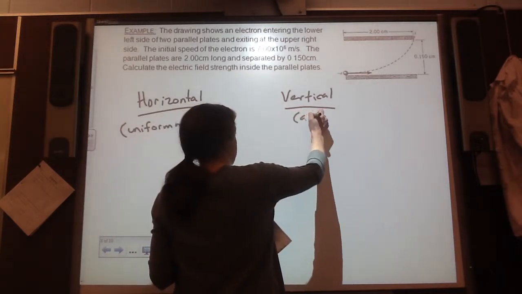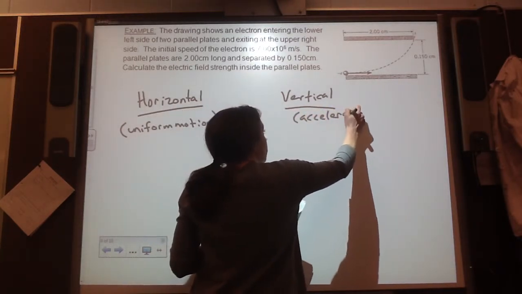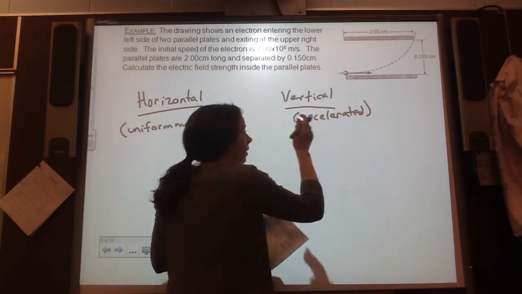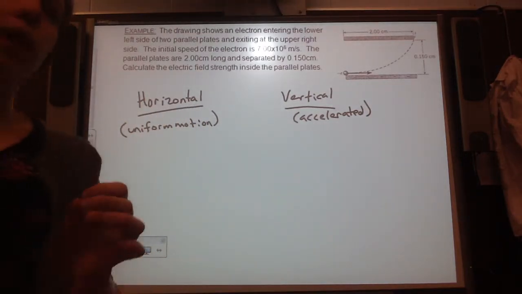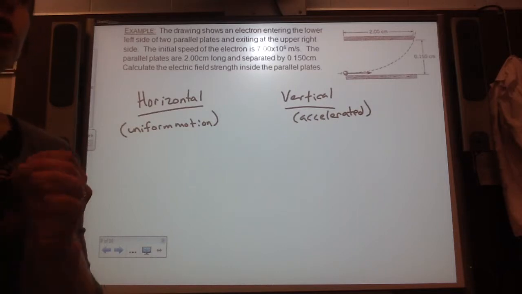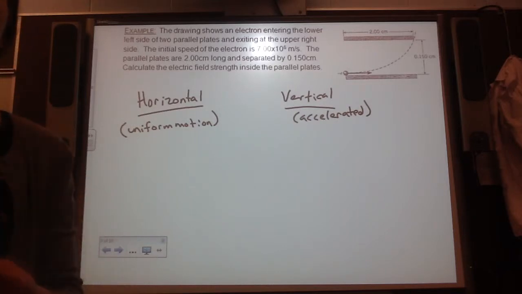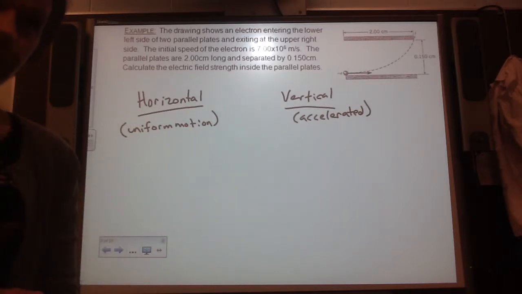And vertical is accelerated. Now, this is going to be different than Physics 20 acceleration because we are going to assume that these subatomic particles are so small that the force of gravity is actually negligible.